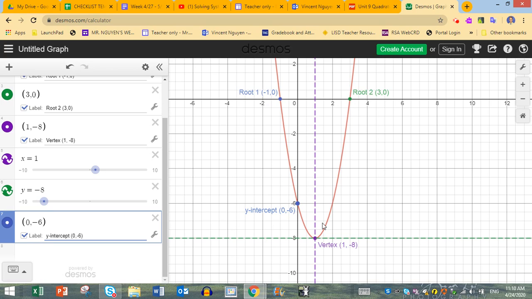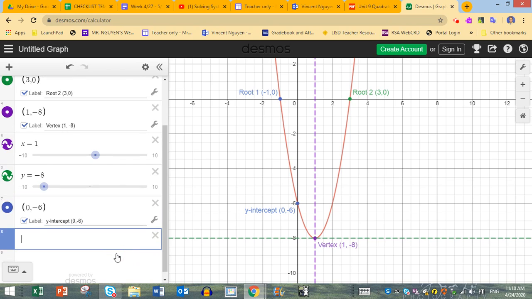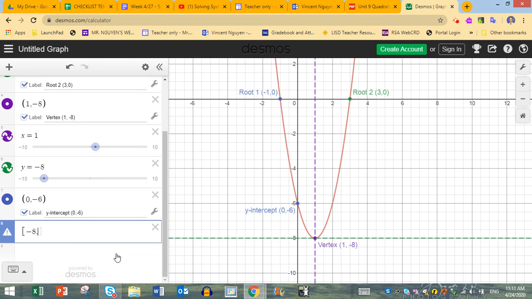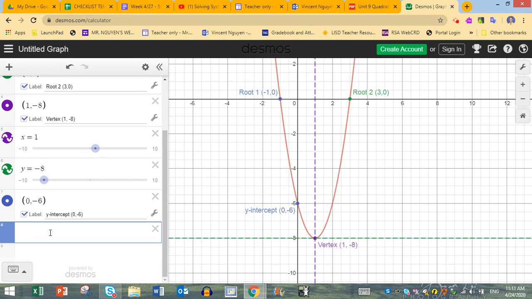But the range begins at -8 on the bottom and travels to the top infinitely. So the range would be from -8 to +infinity. I don't think I can type the infinity symbol in here, so I'm not going to type it in.